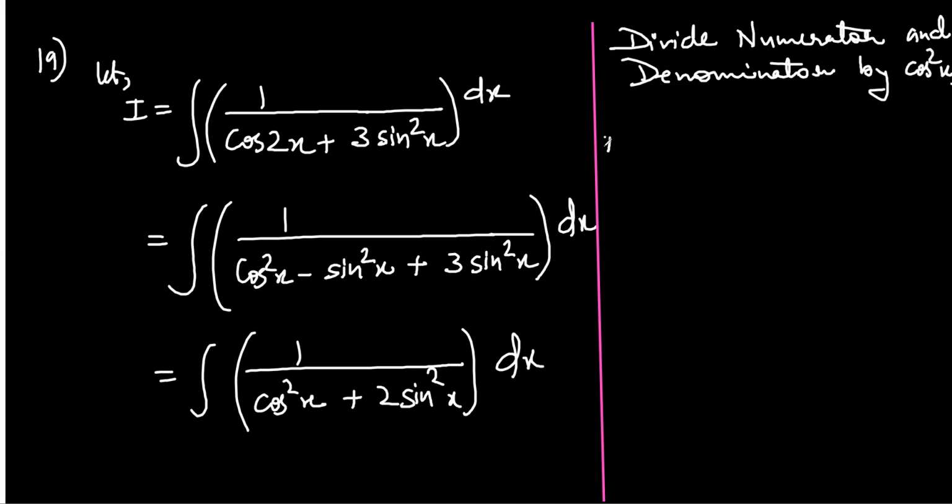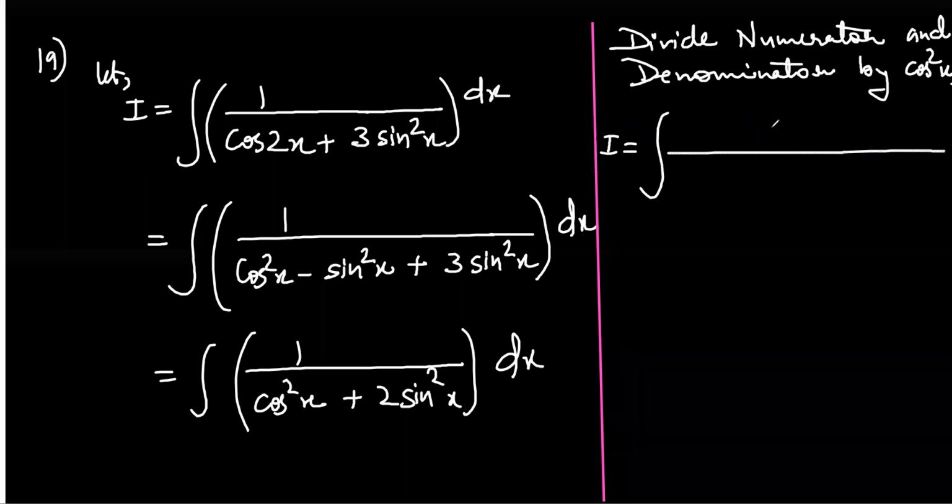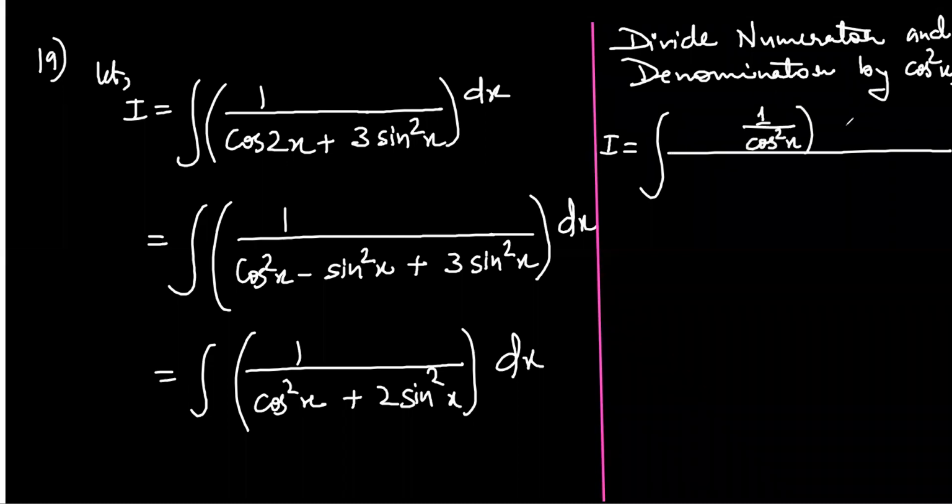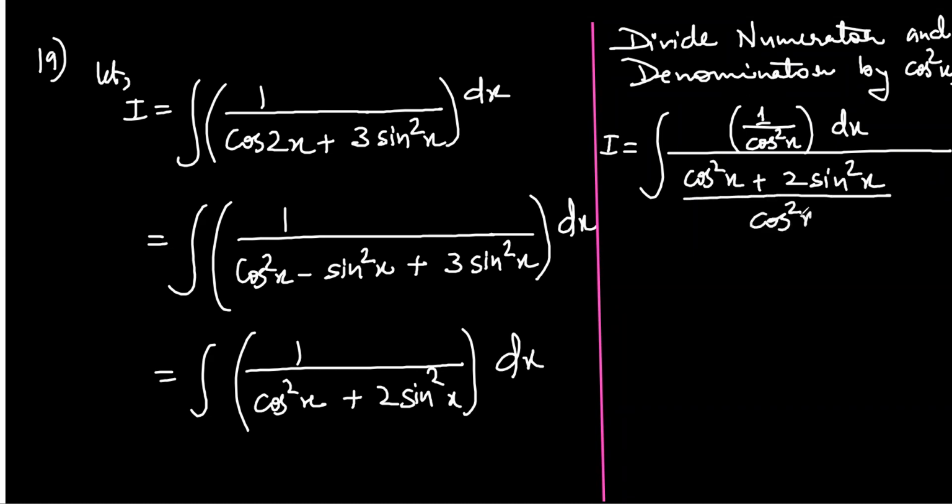So see what you get. You get I equals 1 upon cos square x dx, and here you get cos square x plus 2 sine square x upon cos square x.